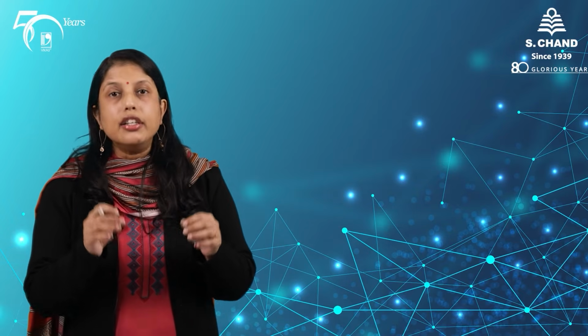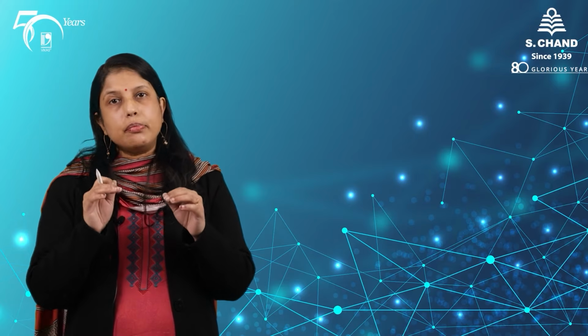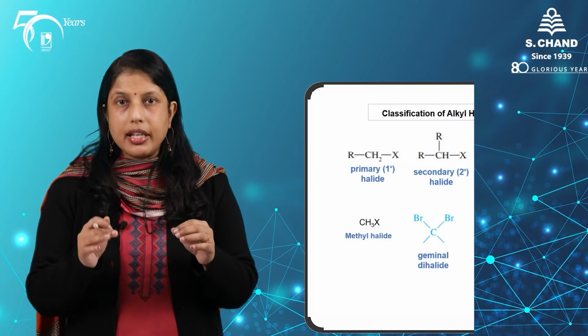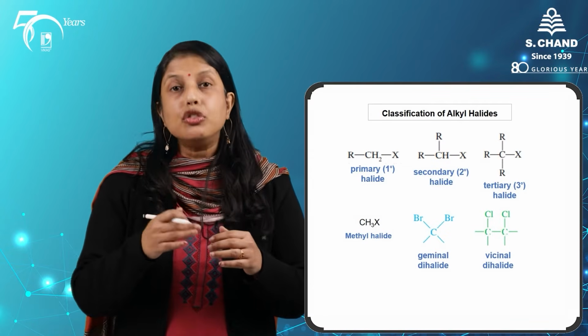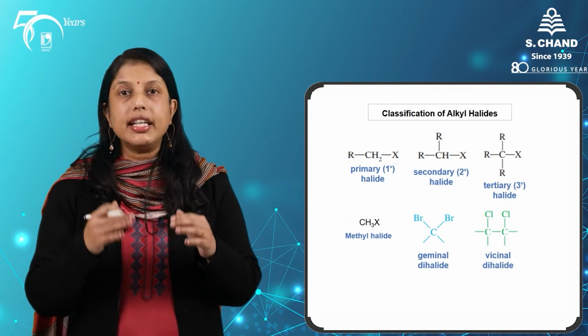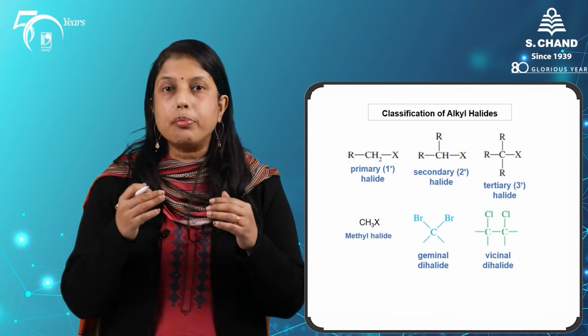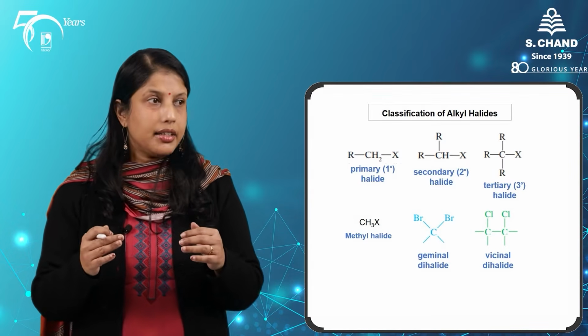Now, these alkyl halides can be classified according to the nature of the carbon atom which is bonded to our halogen. How does this happen? So, if the halogen bearing carbon is bonded to one other carbon atom it is said to be primary, and the alkyl halide is a primary alkyl halide.